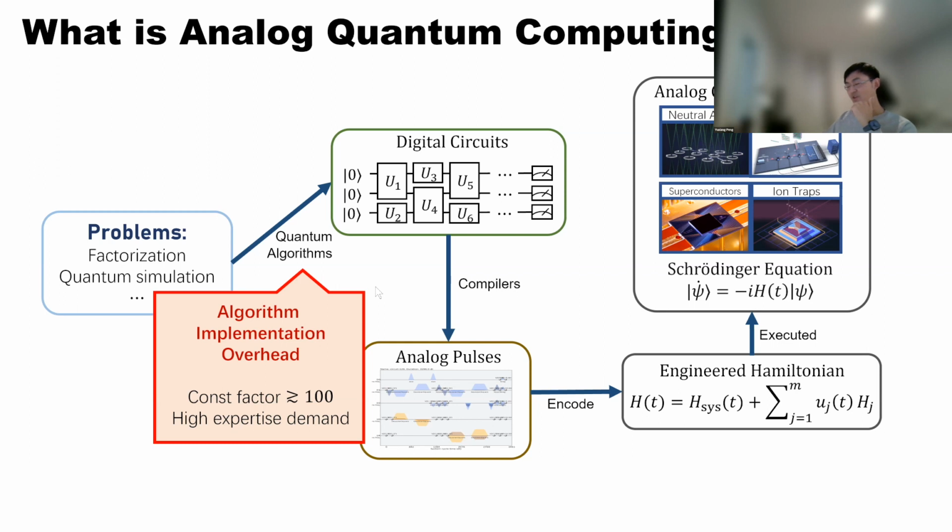It is still polynomial when we say some algorithm solves the problems. There's always a huge constant factor in front of the complexity of the algorithm, and the constant factor is at least 100, maybe several thousand, or even several million, if you count the complexity in terms of small gates.